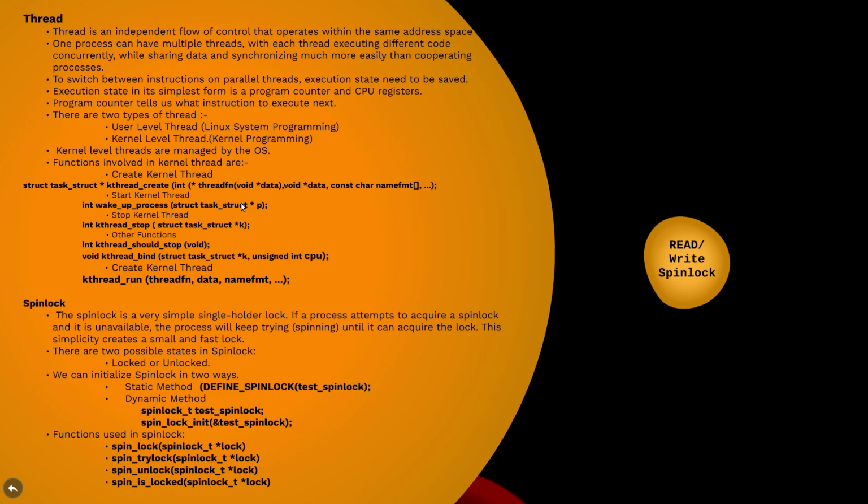In a thread, you can have better communication than in a process. To switch between the instructions of parallel threads, execution state needs to be saved. That means just a program counter and a CPU register, which tell you what instruction to execute next.